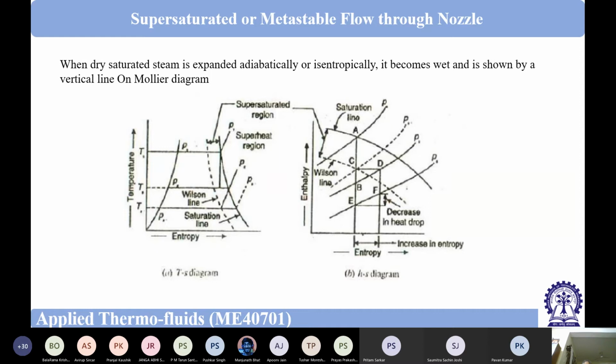Up to the Wilson line, the steam remains in the vapor condition. Though thermodynamically it should be in the wet condition, it remains dry. This is what is there in many books, so I thought I would also tell you the same thing.